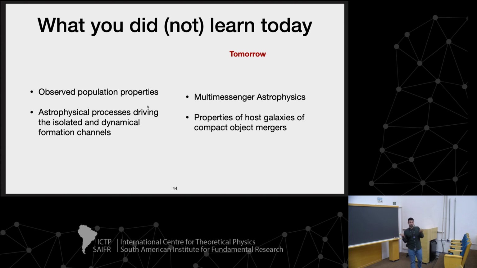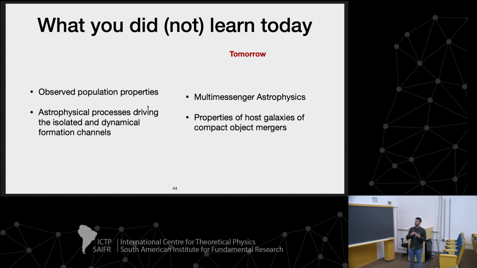Tomorrow, I'm going to talk to you about multi-messenger astrophysics, where we couple gravitational waves and electromagnetic detection. And this will be the perfect place to talk about host galaxies and how we model host galaxies, and how we model the chemical homogeneity of the universe that has a huge impact on the rates and the host galaxy properties.